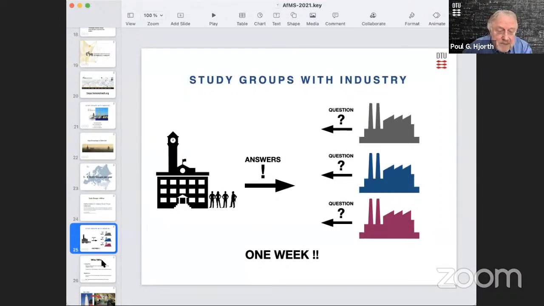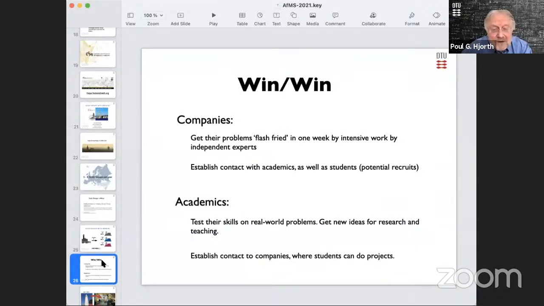And this is, in my opinion, because it has the character of a win-win situation, where the companies have their problems, if not solved, sometimes solved, but certainly discussed among independent experts or impartial experts in the course of a single week.